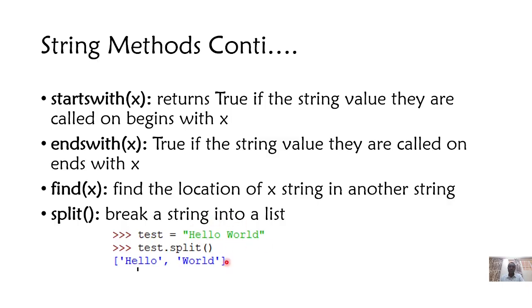We can split this using the split function. So we say test.split. Now it has split these two words, and they have been put in a list. We'll look at lists in our future lectures, on how to define a list whereby we'll be assigning multiple values to one variable.